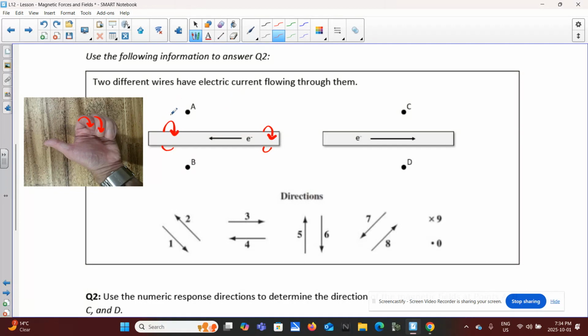Now, as that does that, it's going up the back, it's coming out of the page there, it's going down the front, and it's going into the page there. So at point A, again, big circle: into the page, up the back, out of the page, down the front. And I can see right here, imagine I were holding a cylinder. Kind of shape it around my fingers.